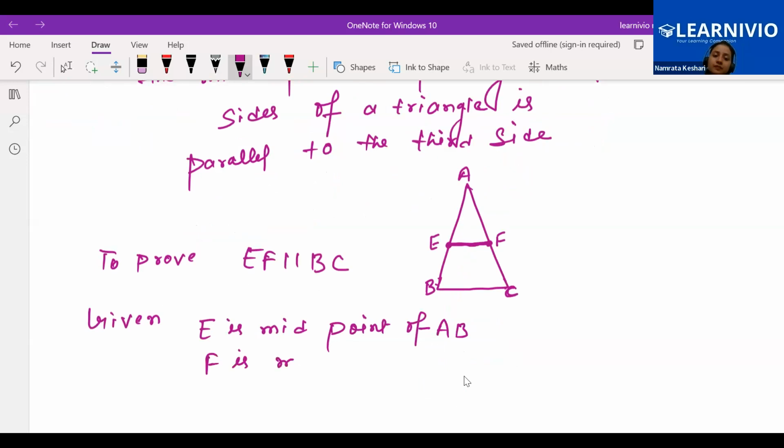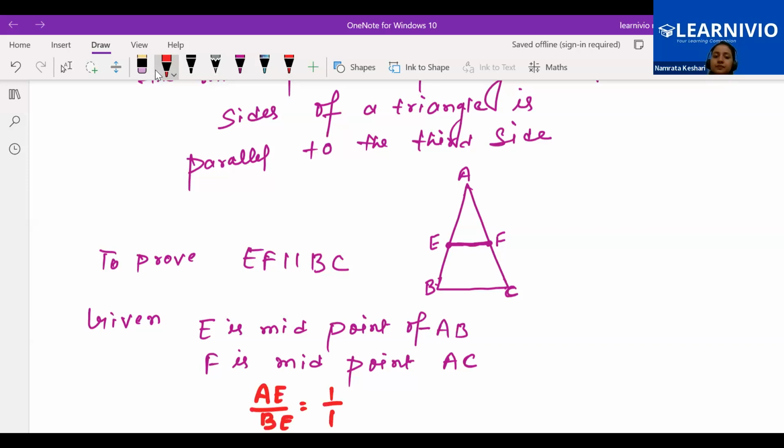It is given over here that E is the midpoint of AB and F is the midpoint of AC. How to prove? Can we take AE by BE? Let's find the ratio AE by BE. We don't know what the ratio will be, but since both are the same, it will be 1:1. Yes or no?